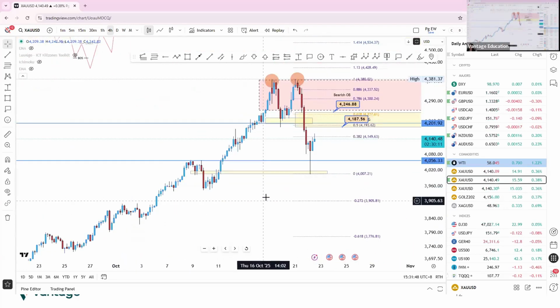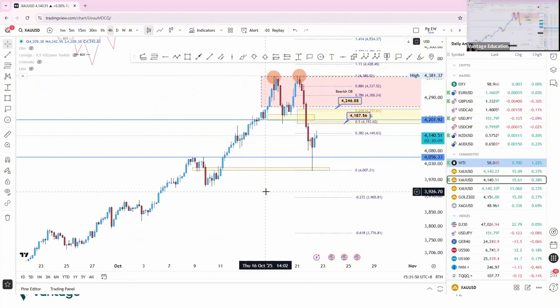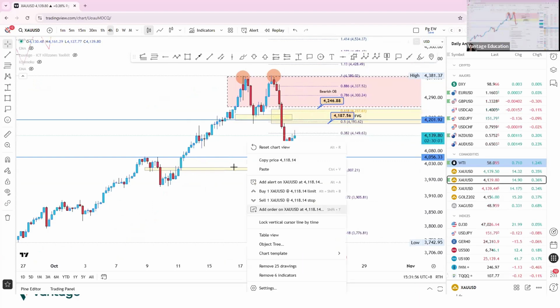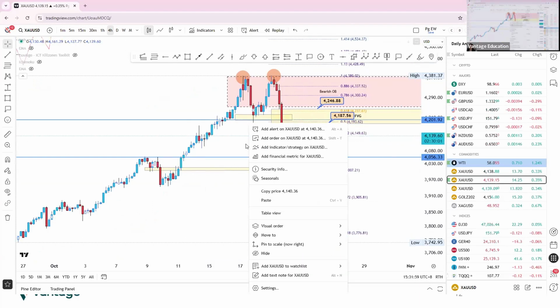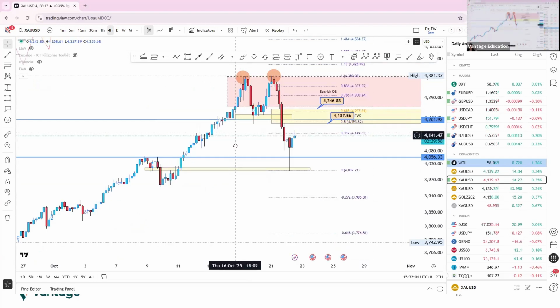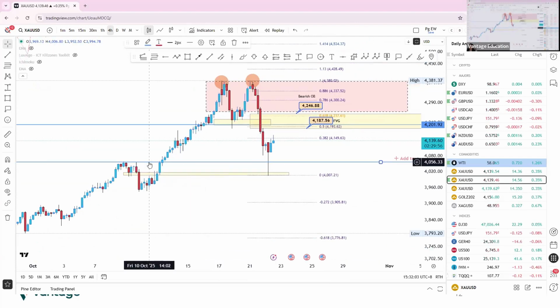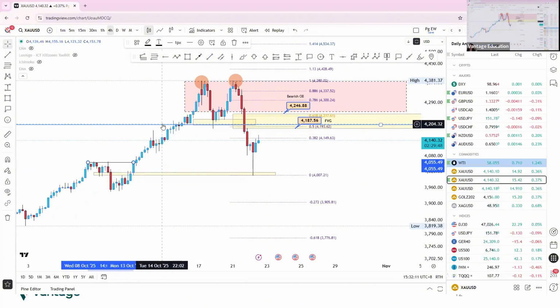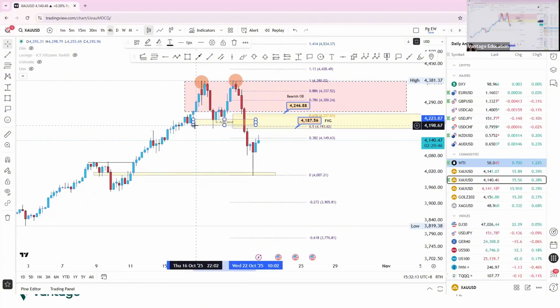If we look at market structure, I would say my change of character is going to be right here. Let me remove this first. I still consider this a breakout of structure, but my change of character would be here.